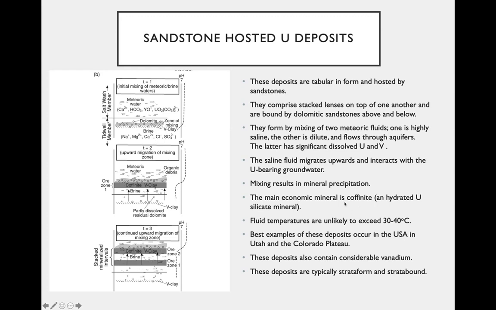In this case, the main economic mineral is coffinite and a hydrated uranium silicate mineral. These are very low temperature systems, and the classic examples are in the Colorado Plateau and in Utah. So these are stratiform, strata-bound deposits, and they can also contain considerable vanadium.